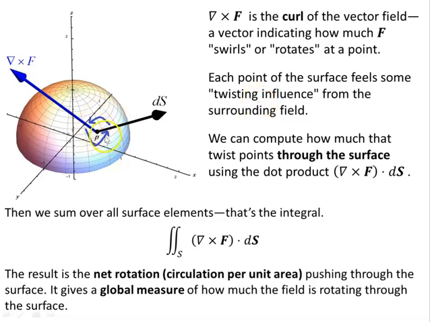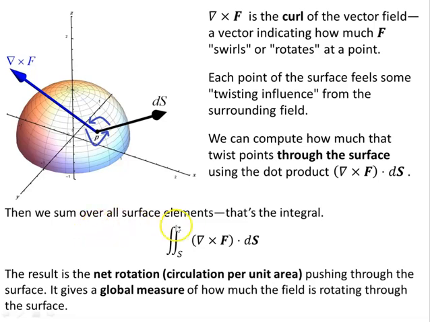Because remember, those vectors, they weren't all perpendicular to the surface. They're at different angles with the surface. And so locally, there'll be a sense of twisting. All right, so we can compute how much that twist points through the surface using the dot product curl of F dot ds.